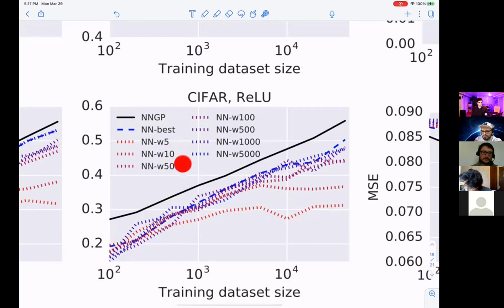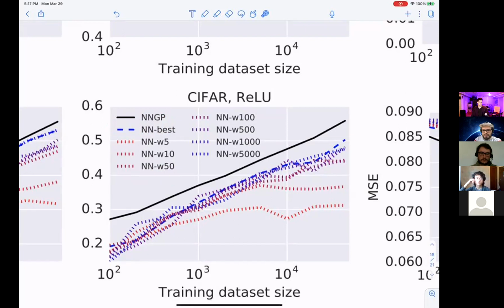What you can see is that the width is increasing all the way to 5,000. The plots with the dotted pattern, the discontinuous curves, are the neural networks. The discontinuous blue curve is the best neural network, and the infinite width NNGP is the black curve.